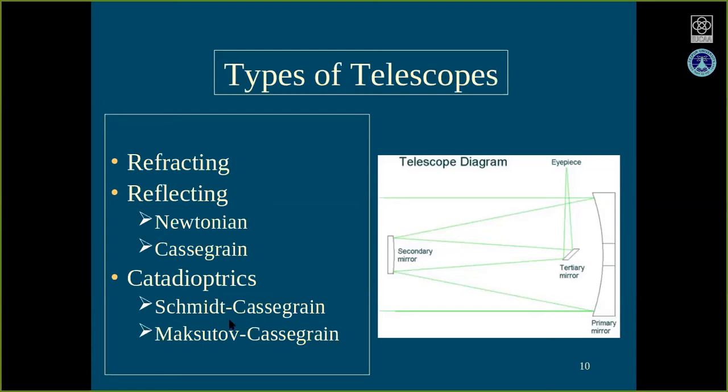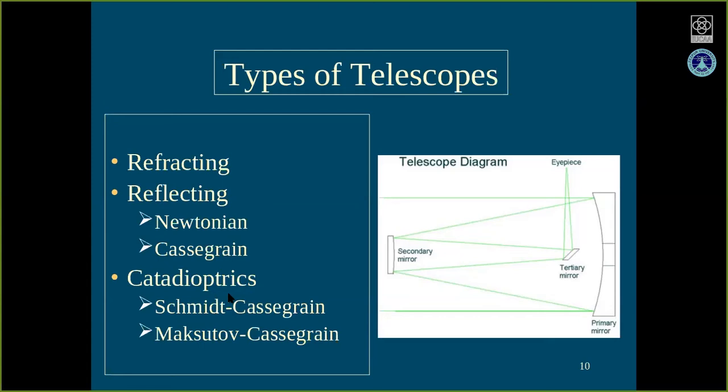Most of the colleges and universities have small telescopes nowadays. And there are very famous companies, Meade and Celestron. They make this kind of Schmidt-Cassegrain telescope. If you look at this kind of telescope, you will see on the top of the tube there is a lens. We call that lens a meniscus lens.